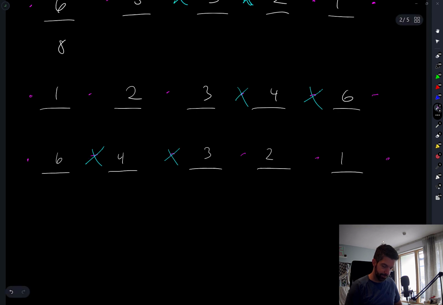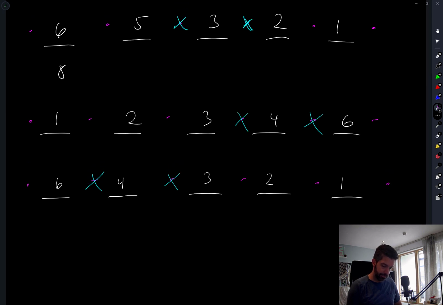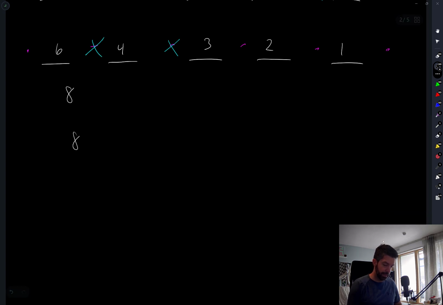If I put the 5 here, I have to remove the 5, and so that definitely has been counted. So there's 8 there, and for the 6, I think it'll also be an 8.